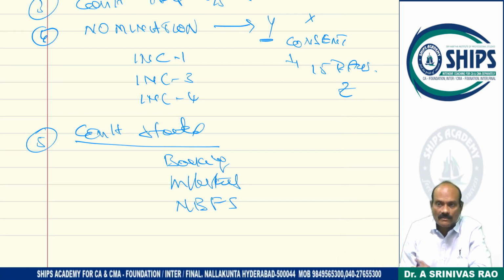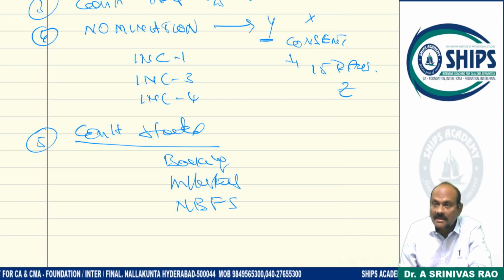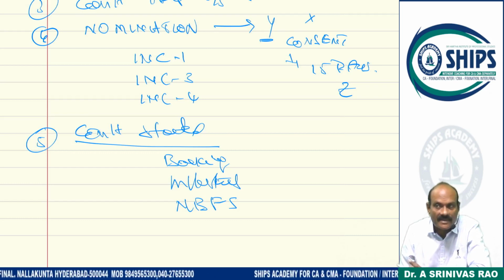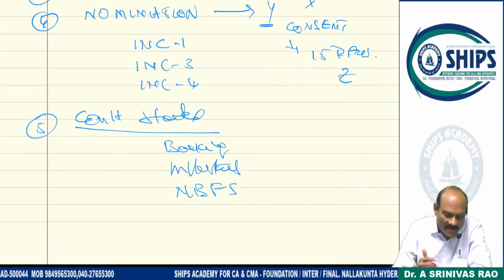OPC cannot do banking activity, non-banking financial services, plus investment activity. You can do only buying and selling of goods. OPC can be there as a private company to buy and sell goods, but not for these purposes. Your company cannot be incorporated.